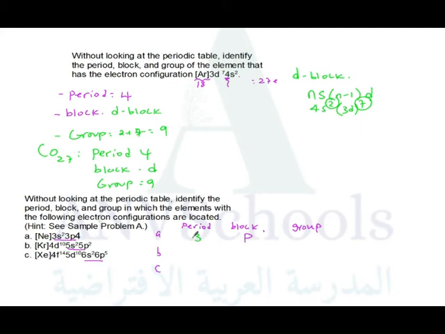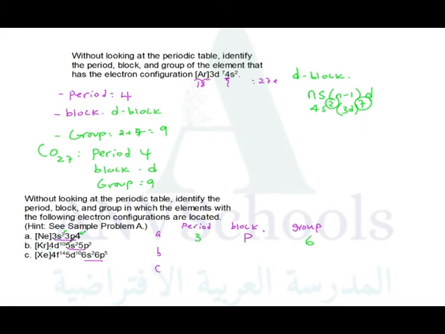To find the group, just add the total number of electrons found in the same shell. This is one electron and this is the other electron: 2 plus 4, which is 6. So group 6. Now, when we come to B, since 5s and 5p, had the 5p been absent from here, it would have been a transition metal, because it obeys ns2 and (n minus 1)d, where n minus 1 is 4, so it would have been d block, but still it is p block.